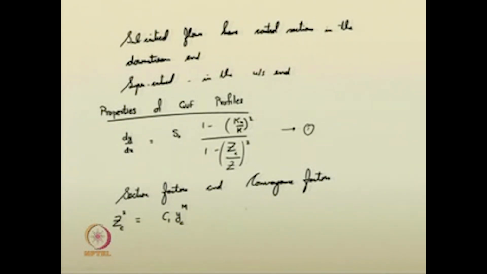It was clearly explained that m is the hydraulic exponent, Zc is the section factor at critical flow, Yc is the critical depth, and C1 is a coefficient.